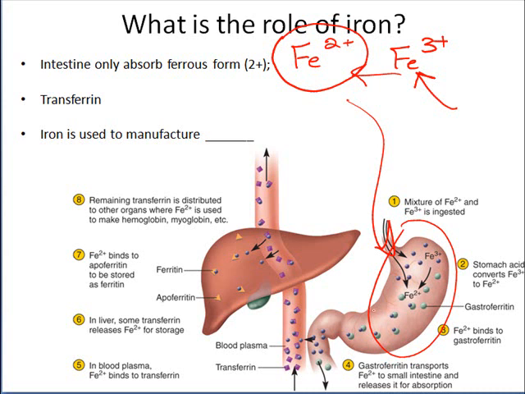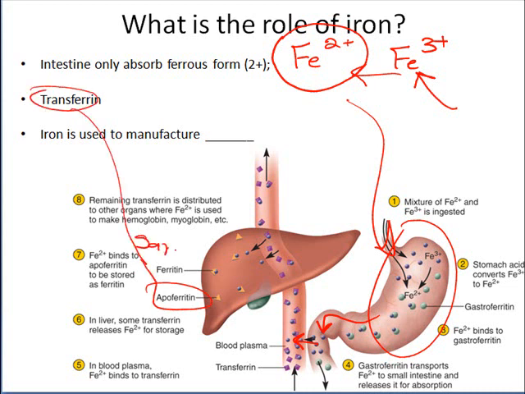Once we get those Fe2+ atoms down into the small intestine, then they can be absorbed into the blood plasma. And when they are absorbed into the blood plasma, they need a little help. The help that they have is through a process of combining with something called apoferritin. Some books call it transferrin, but it's the same thing.